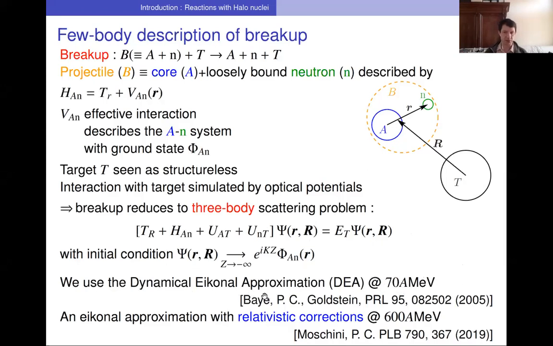That's something we developed with Daniel Baye and Gerard Goldstein in 2005. At higher energy, we need to include relativistic corrections, so we have used an eikonal approximation including relativistic corrections developed by Laura Moschini last year when she was in Brussels.